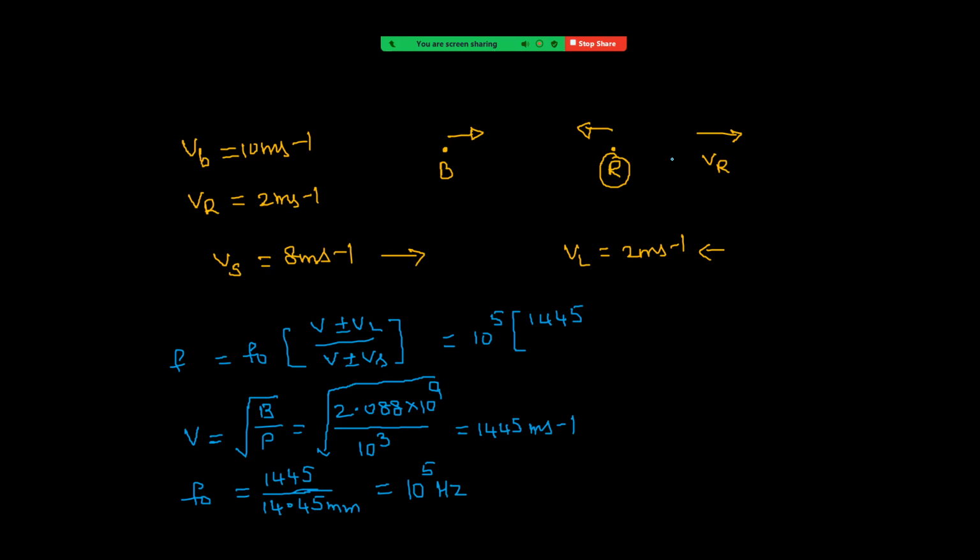The listener moves towards the source. Therefore, we have to write it as plus 2. Next, 1445. The source is moving towards the listener, right? So we have to take minus here. It is minus 8.